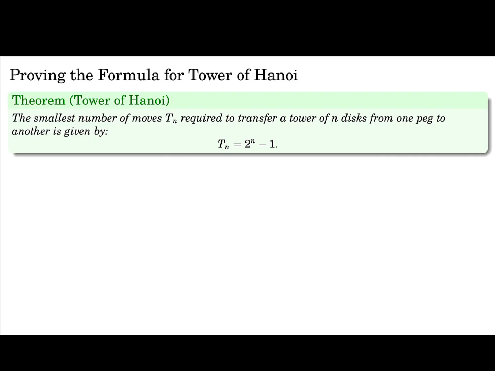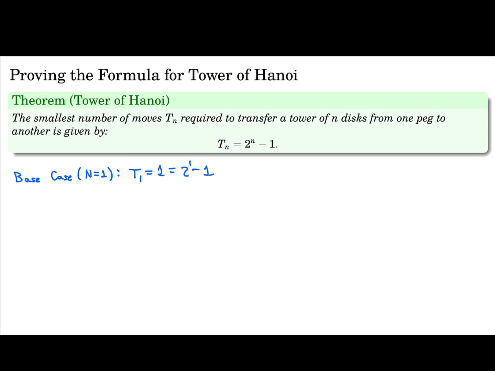So once again, how do we do an induction proof? We start first with the base case. For n equal to 1, which we already computed, but for completeness here, T1 is equal to 1, equal to 2 to the 1 minus 1.